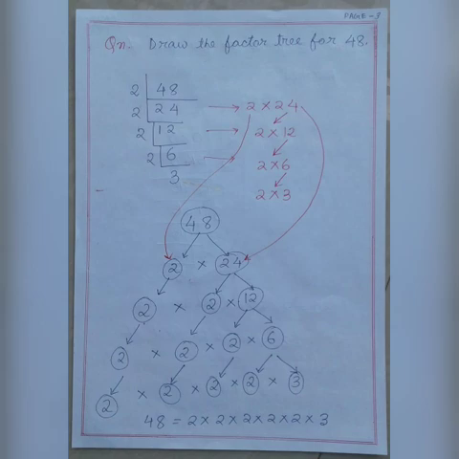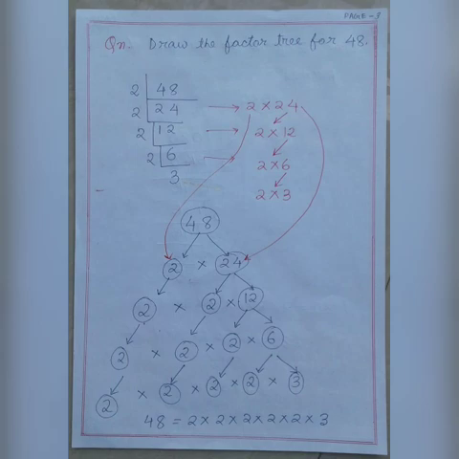If I again divide 12 by 2, I get 6. If I divide 6 by 2, I get 3. So 3 is a prime number, so we shall stop there itself.